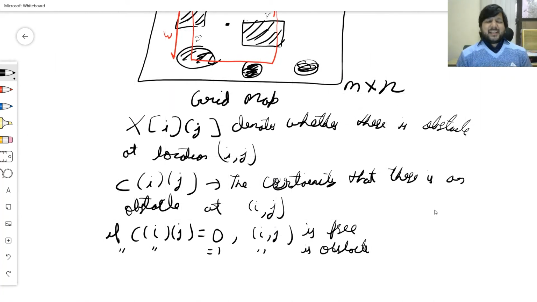Now, in order to understand why this specific modeling is used, we need to understand practical real robots. Robots have sensors, and common sensors are the proximity sensor.